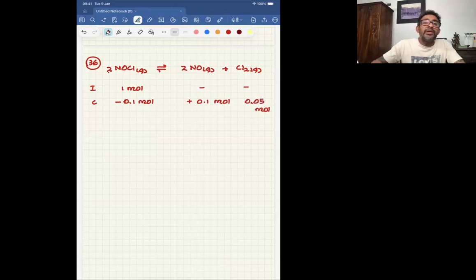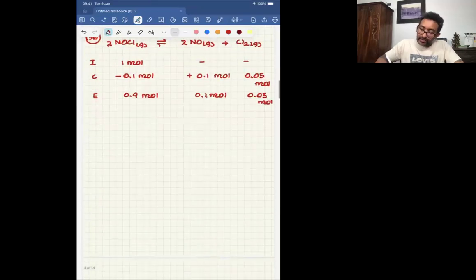Volume is 1 cubic decimeter. So at equilibrium, NOCl is 1 minus 0.1, which is 0.9 moles, NO is 0.1 moles, and chlorine is 0.05 moles.